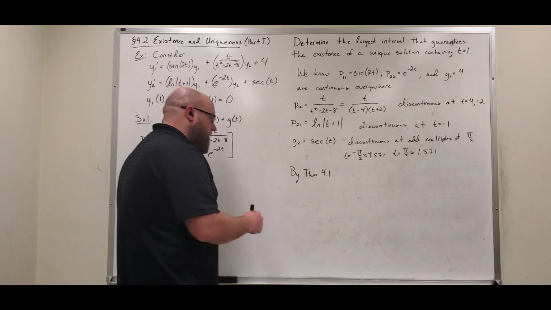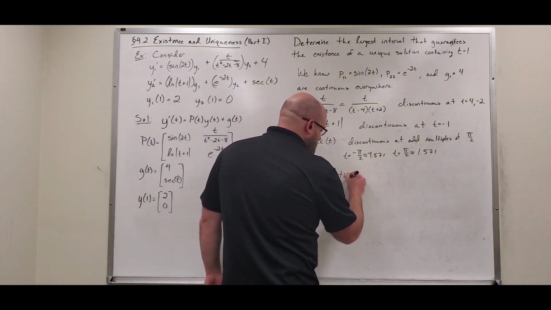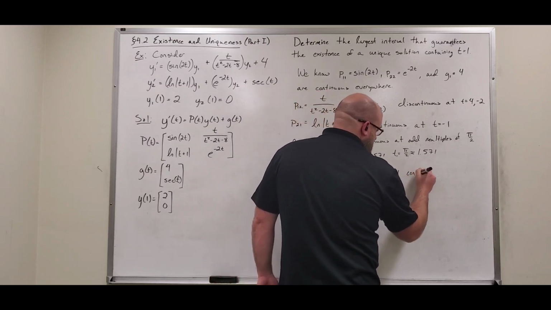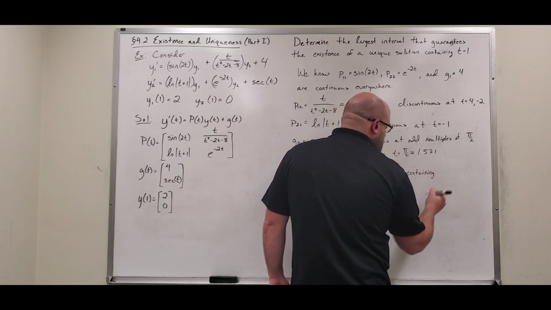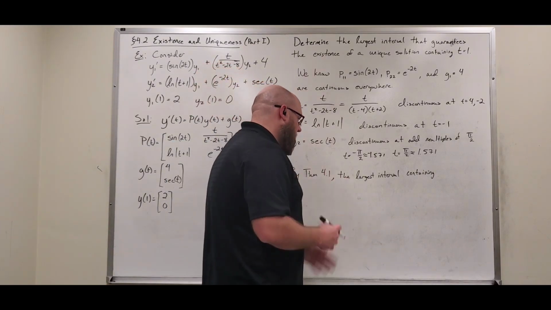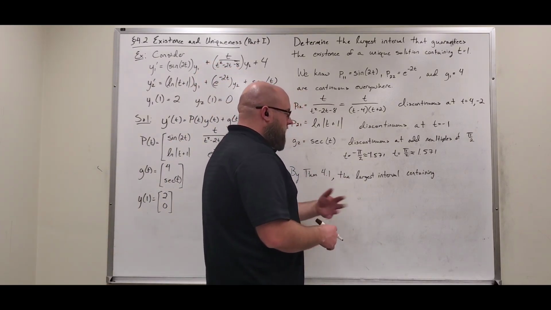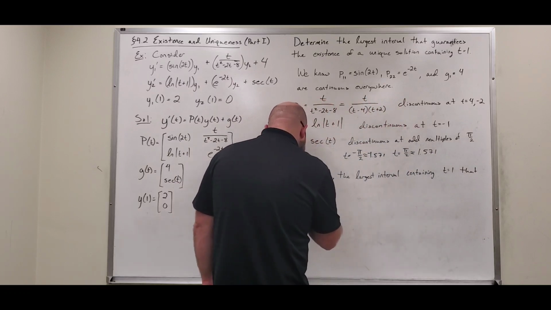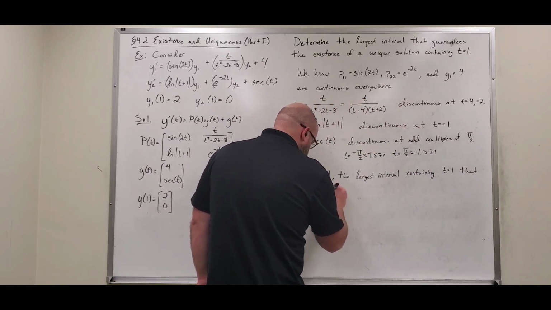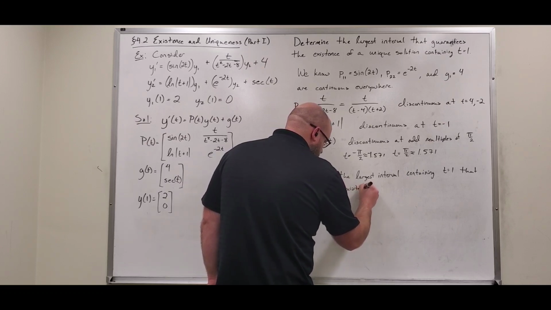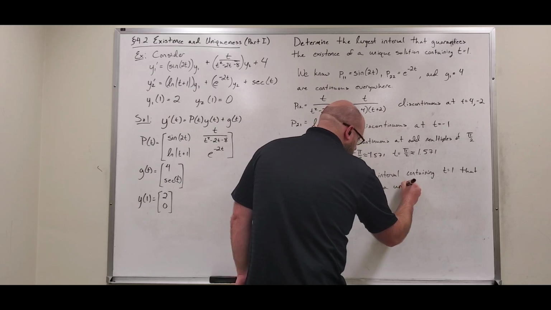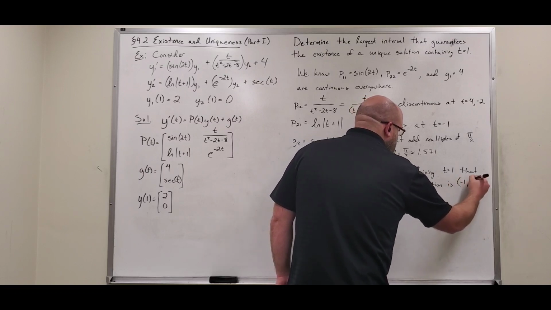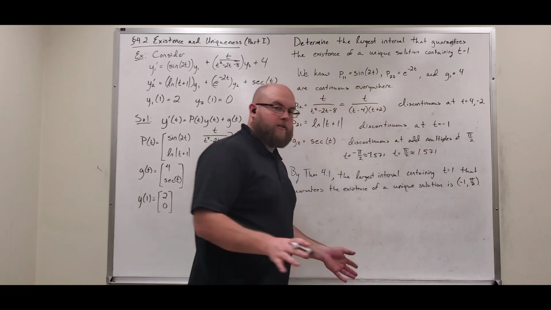So by theorem 4.1, the largest interval containing t is equal to 1 that guarantees the existence of a unique solution is -1 to pi halves. And that's it. That's all we have to do for this particular problem.